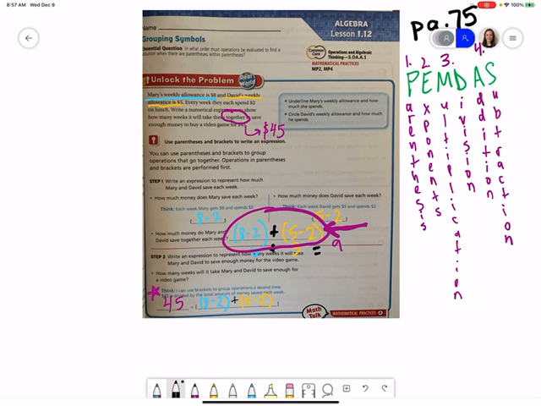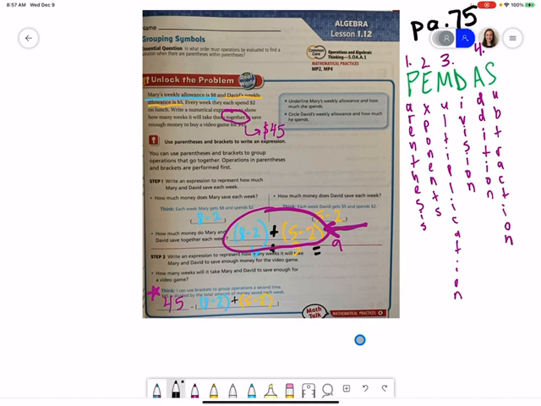It's inside the brackets, so I know that I'm going to do all of these first. First I'm going to look for brackets, which are right here and here. And then I'm going to look for parentheses. Remember that brackets are always first and then parentheses.